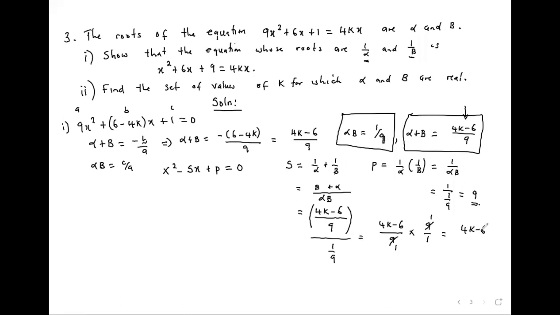Sir, where did that equation come from? Which equation? X squared minus sx plus p equals 0. This is not 5, this is s.